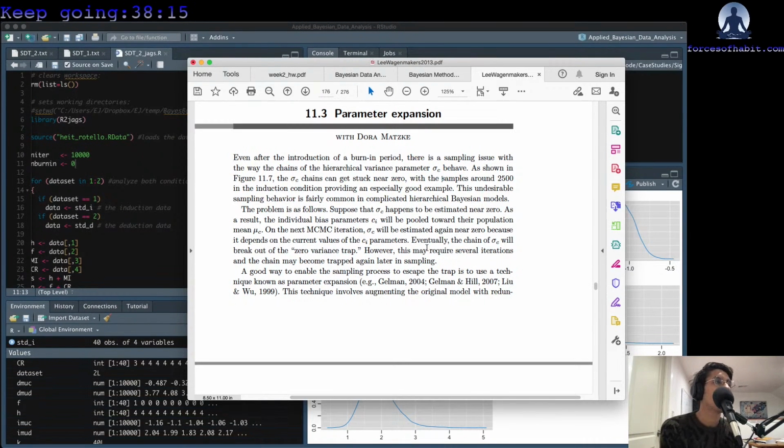If the variance is really low and the sample is really low, then that iteration of low variance makes it so that the next one is likely to be low, and you're stuck in this pool of low values for the parameter because the variance you iterated over is low.